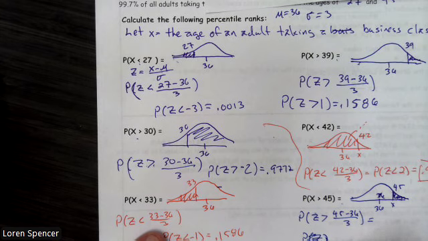Probability Z is greater than 3 equals 0.0013.